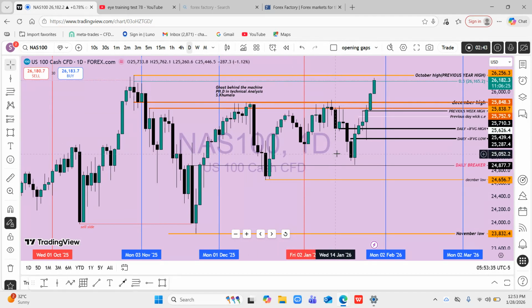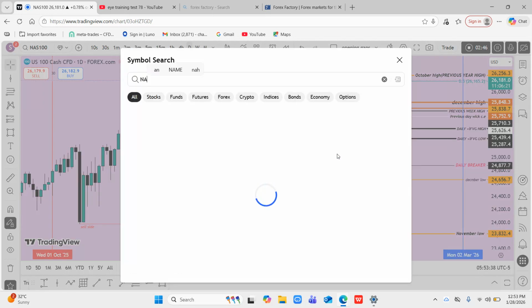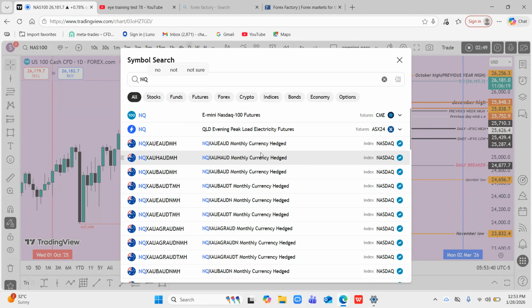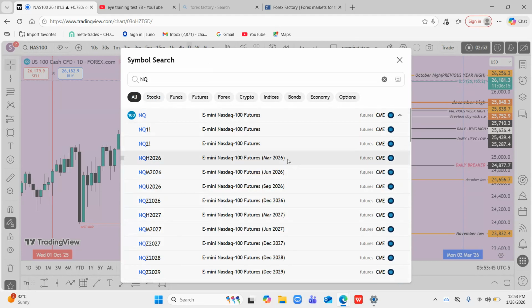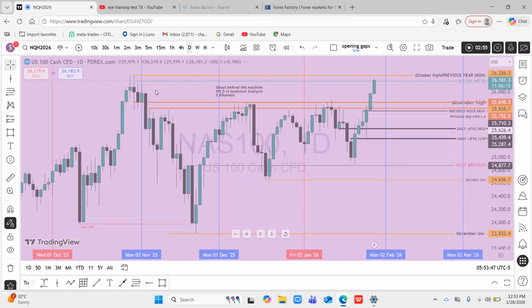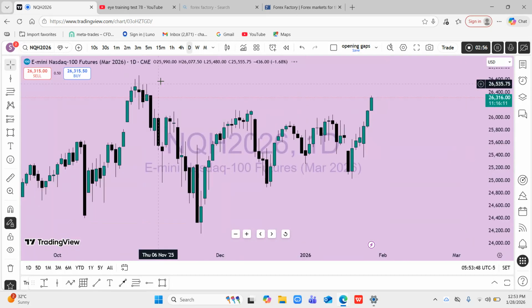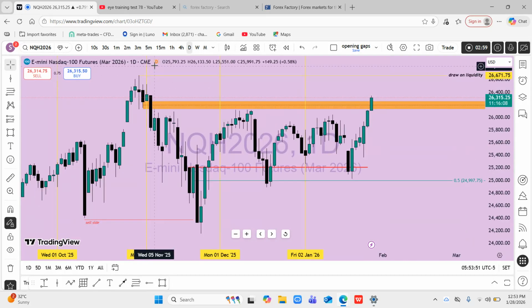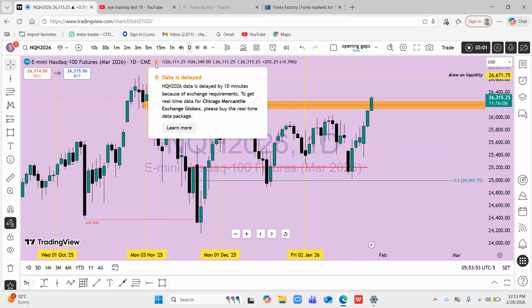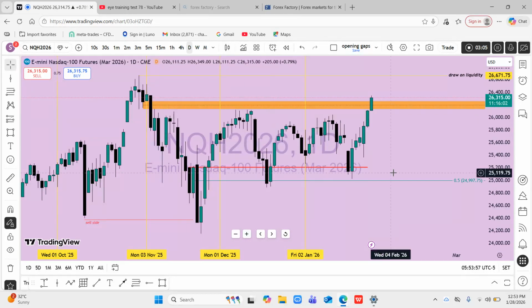And if we go to a professional market like NQ, my NQ is on 10 minutes delayed data. I'm not subscribed, but it's 10 minutes delayed data. This is the high time frame, same thing, but here it touches the breaker twice.